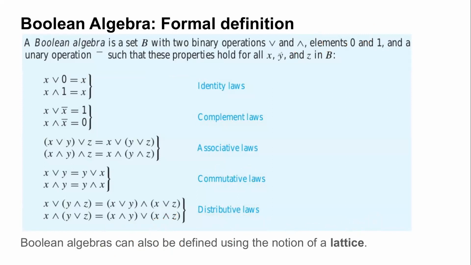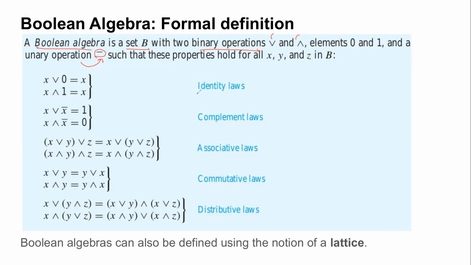Now if you formally define Boolean algebra, what is a Boolean algebra? In general, a Boolean algebra is defined in the following manner. A Boolean algebra is a set B which consists of two binary operations, binary operation meaning they take two inputs, elements 0 and 1, and a unary operation bar, unary operation meaning it takes just one input, and all these properties hold.